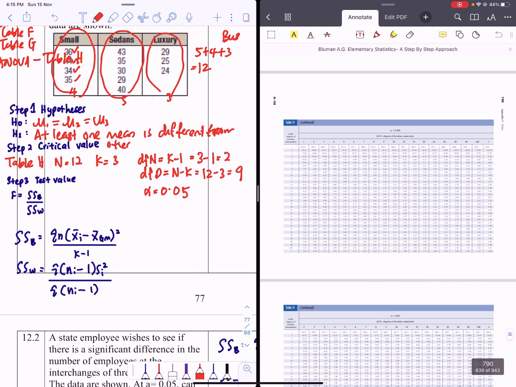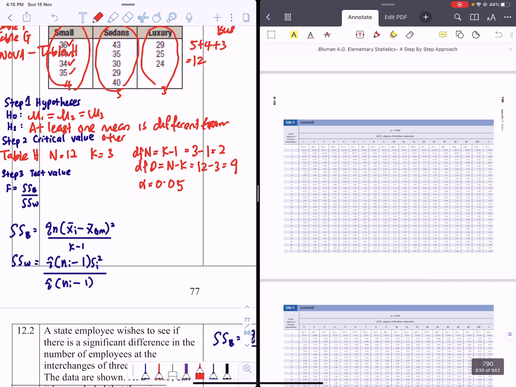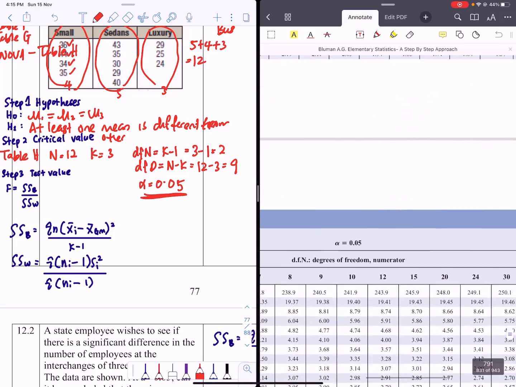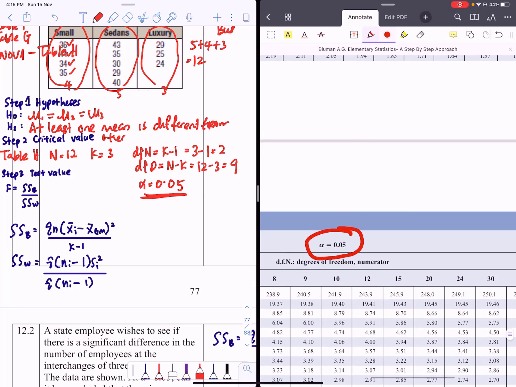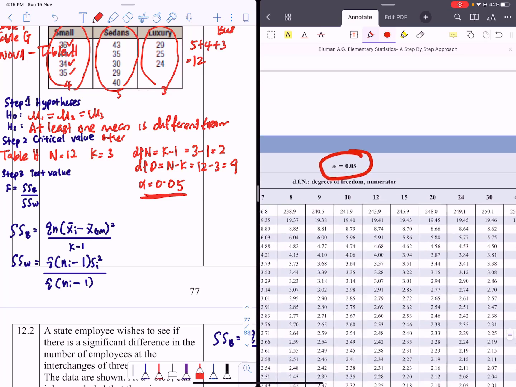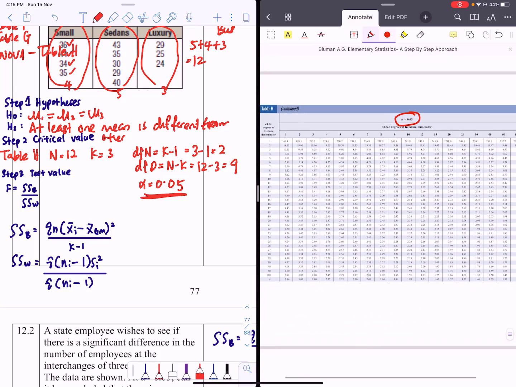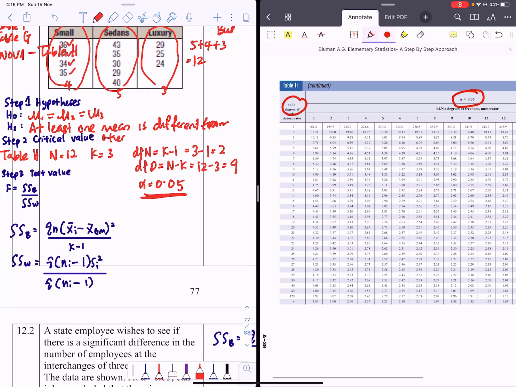Directly we go to the table, table H, alpha 0.05. Then you need to look for the 0.05. Here we have 0.05. We have DFD here and DFN here.